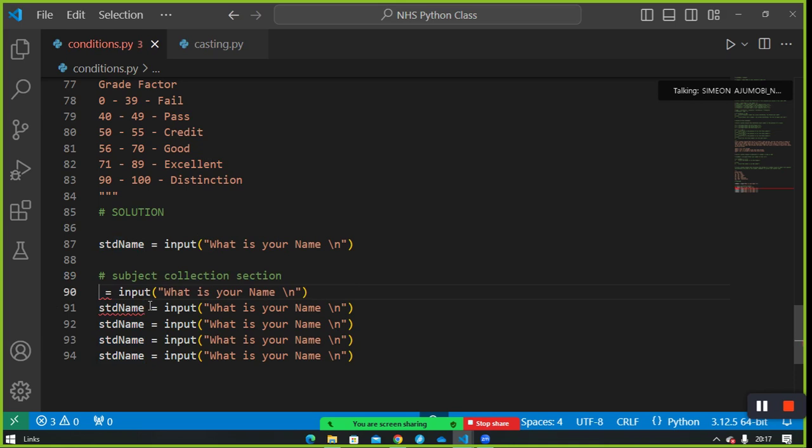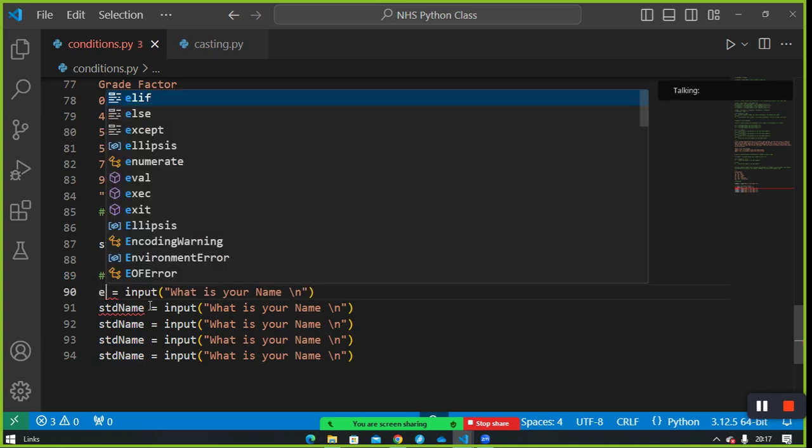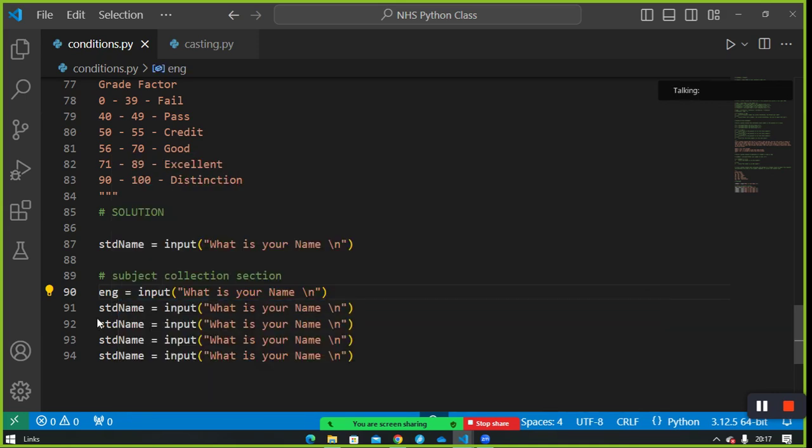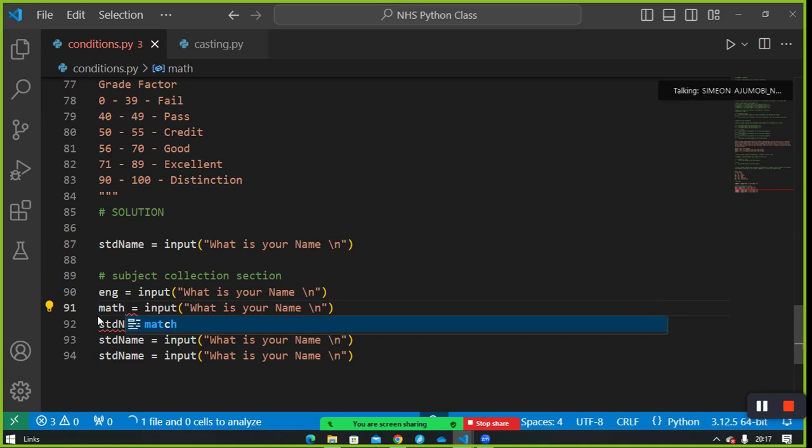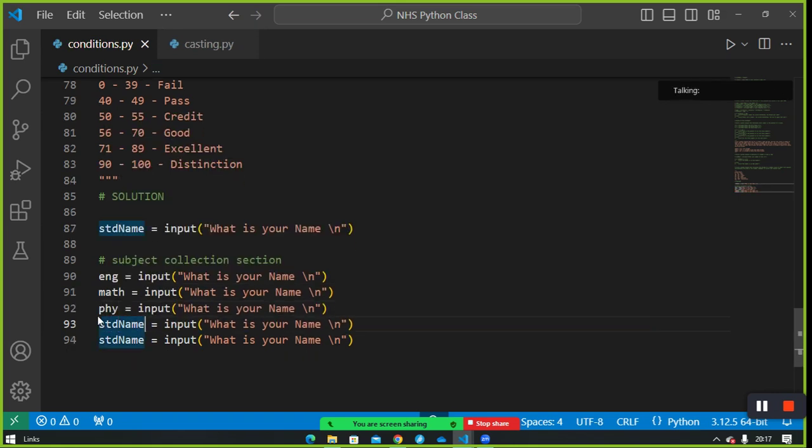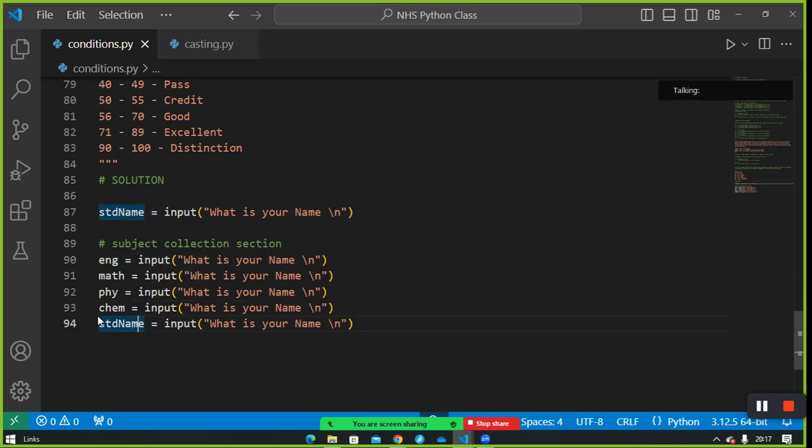We take subjects such as English. We take other subjects such as maths. We take subjects such as physics, chemistry, and we could do biology.